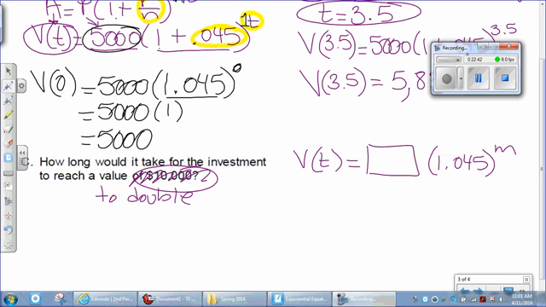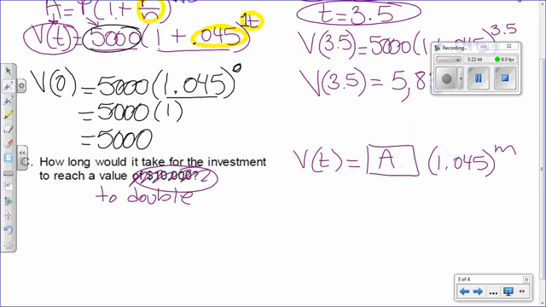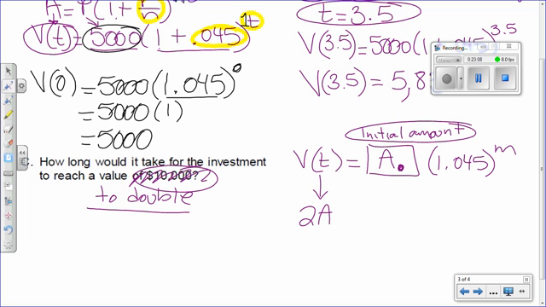So what I'm going to do is just call it A sub 0. And that means the initial amount, because it is the amount at time 0. And that's what this little subscript represents, okay? So if the question says, how long would it take for that to double, I will make my future value be 2 times the initial amount. So how can I represent that? With a 2 times A sub 0.